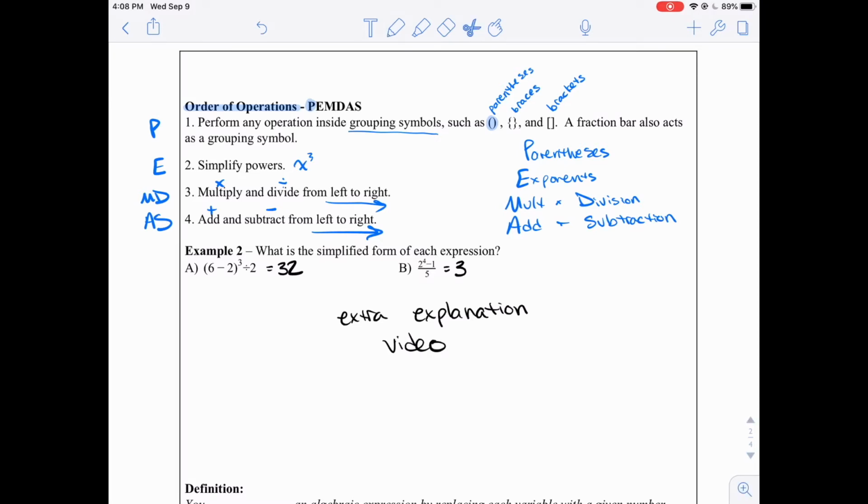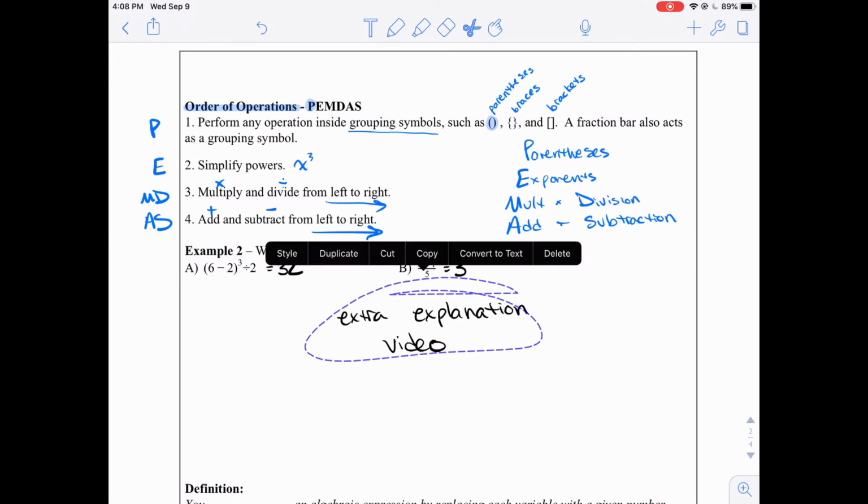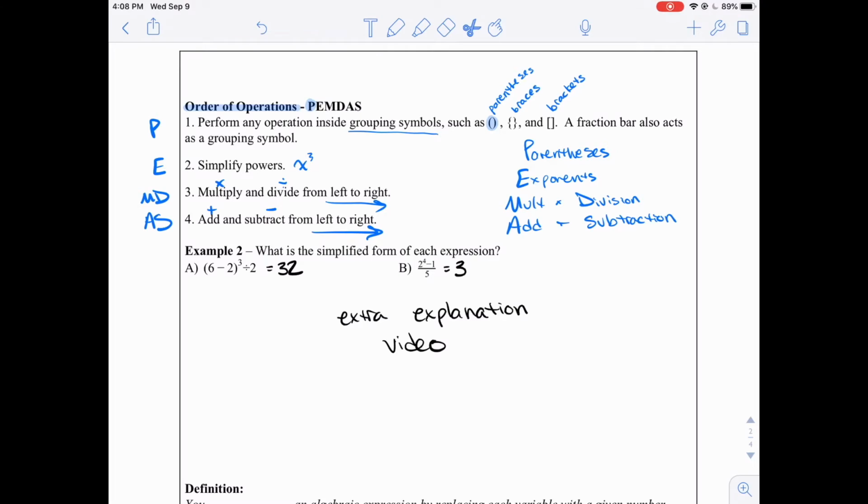Because if you got this right and you're like, hey, it is 32, nice, then you can go on, you don't have to watch the video. But if you didn't, if you made a silly error or don't understand, you can watch this extra video for extra steps. So that's how to simplify an expression.